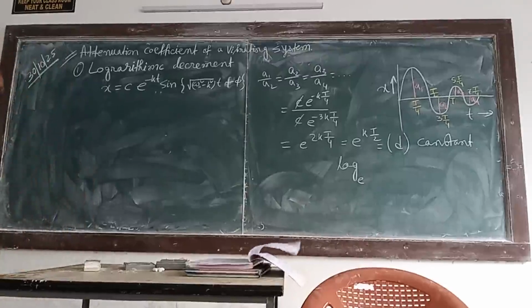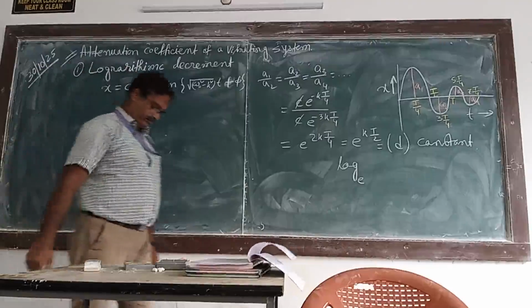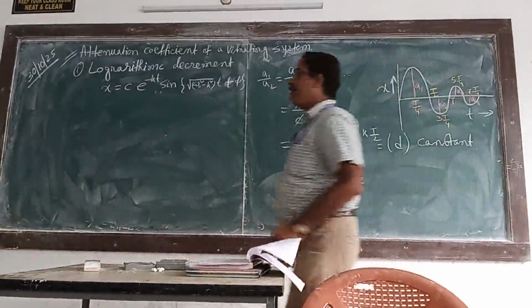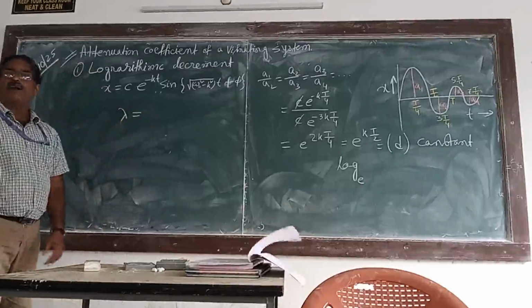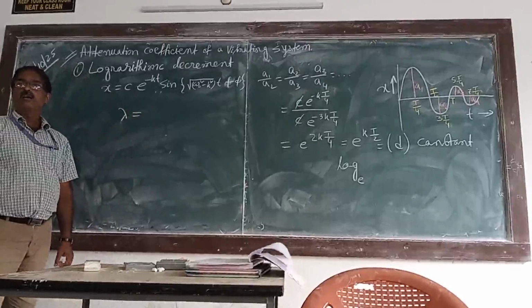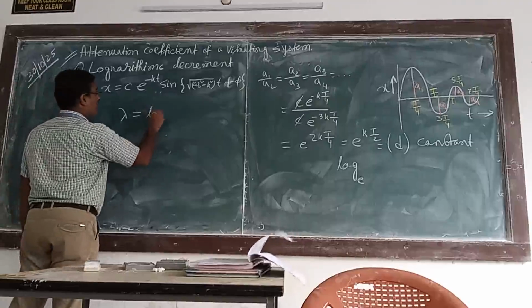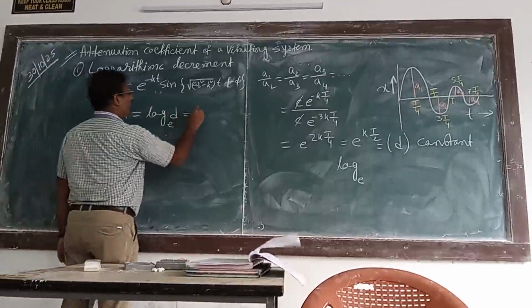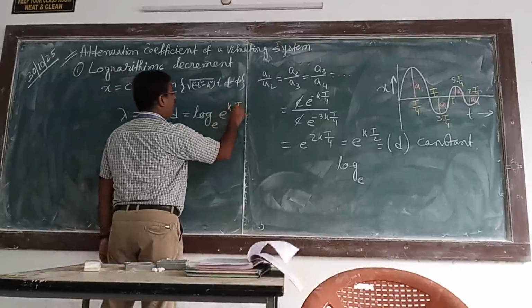So what is the logarithmic decrement? Therefore, the logarithmic decrement is denoted by lambda. Logarithmic decrement lambda equals log base e of D, which equals log base e of e to the power k t by 2.